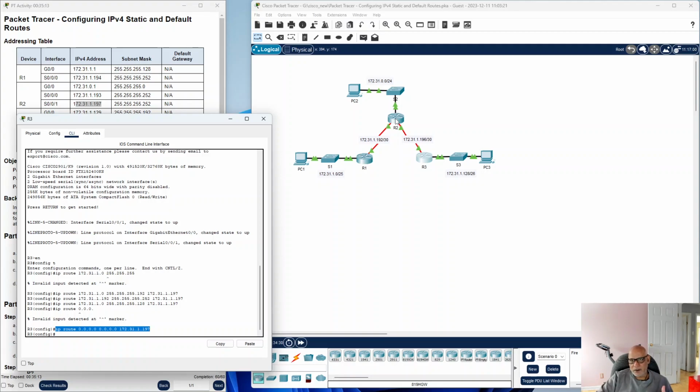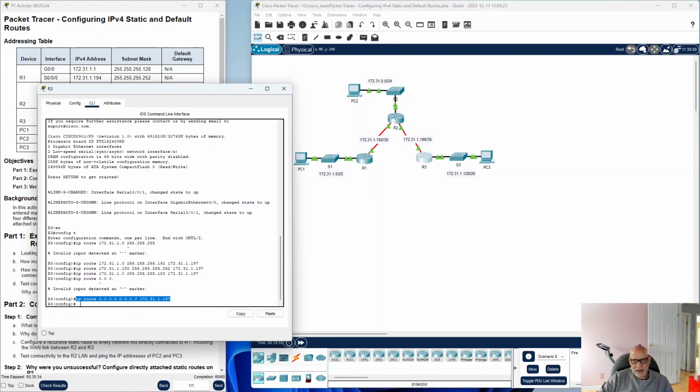Because whenever a router does not find the entry of a specific route, it discards the packet. But because of the default route, it will send it to R2. And then in R2, you can also create a default route, and then R2 will send it to R1.